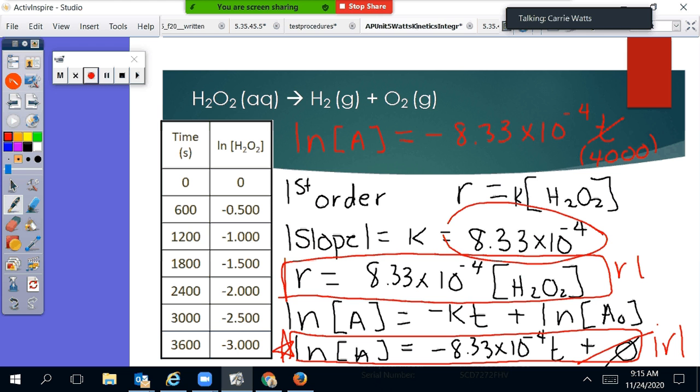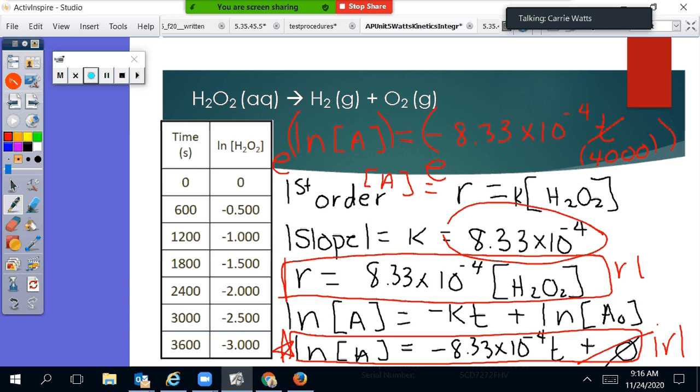Now we have to get A out of the natural log, so you take e to both sides. So A equals e to the negative 8.33 times 10 to the negative fourth times 4,000.